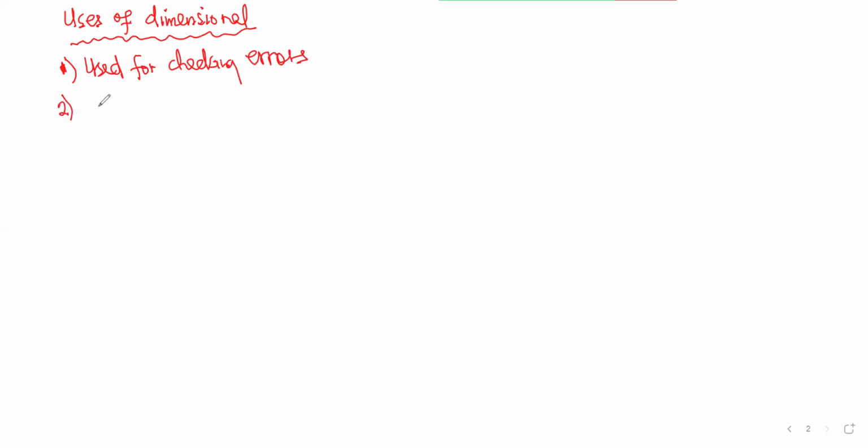Okay, so checking the validity of equations. But there is another term to use in place of validity, that's what I'm looking for. Checking validity or correctness of a given equation.